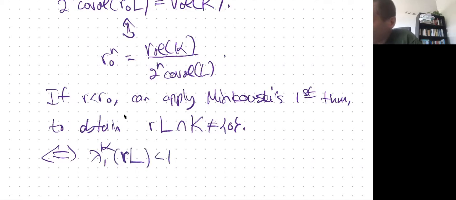For any such R, because that's just the definition of lambda 1.